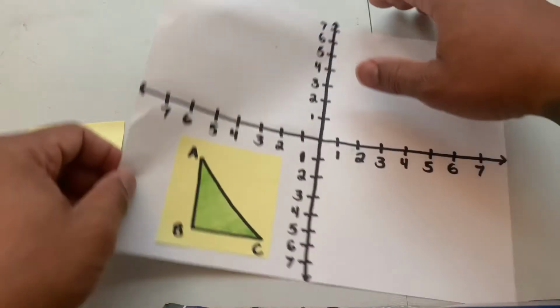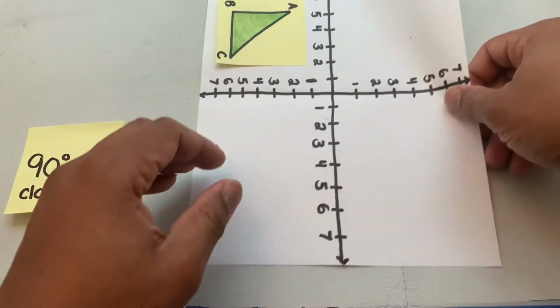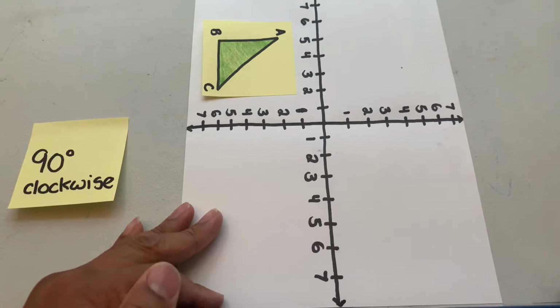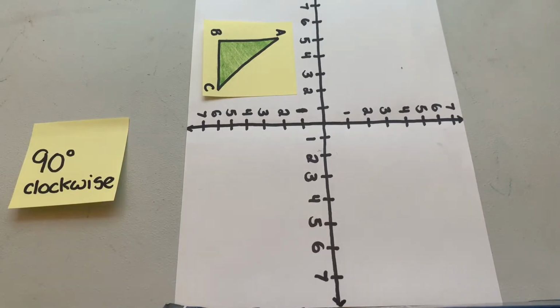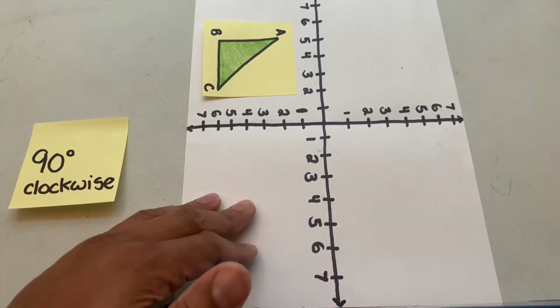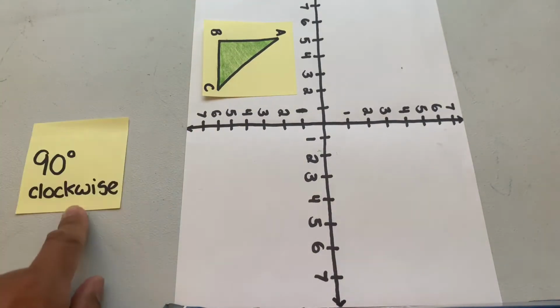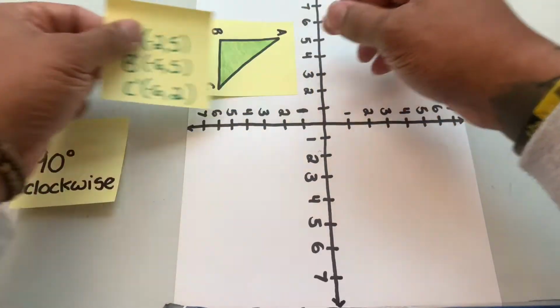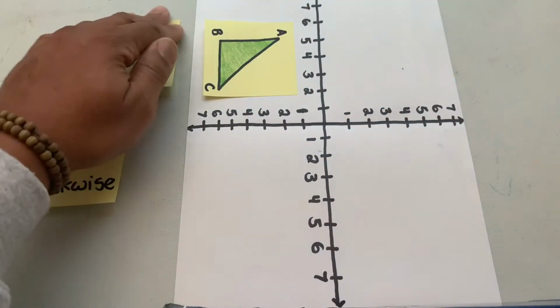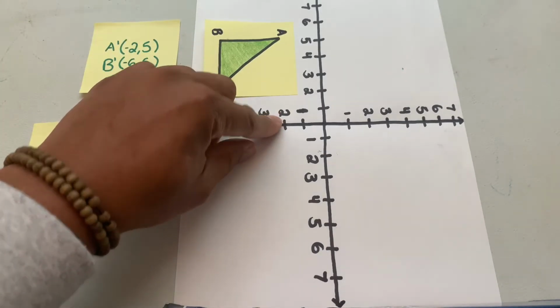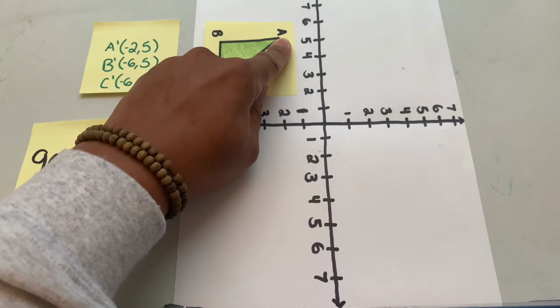So that's just one turn. Now I want you to use your imagination, as if we only rotated the shape and not the paper. So we rotated the shape 90 degrees clockwise. Now our points are: A is at negative 2, 5.